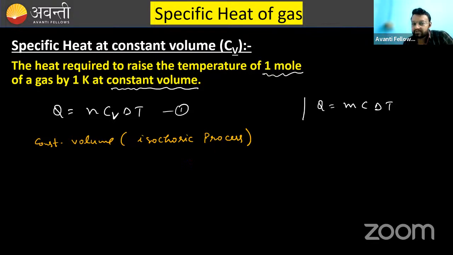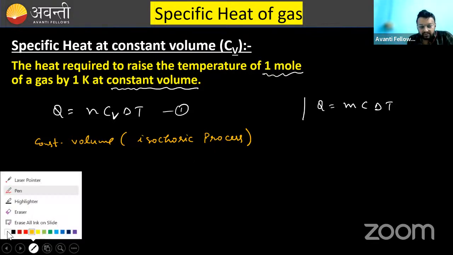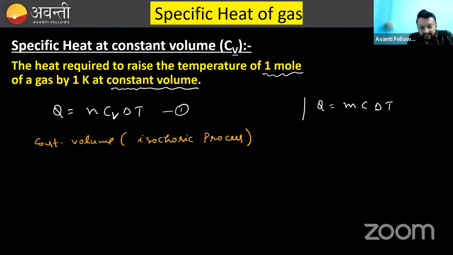It is an isochoric process. If they are talking about an isochoric process, then from the first law of thermodynamics, Q is equal to delta U plus W. And for an isochoric process, work done is zero.